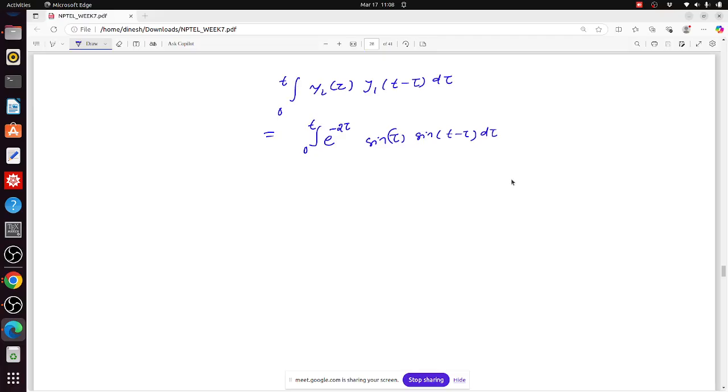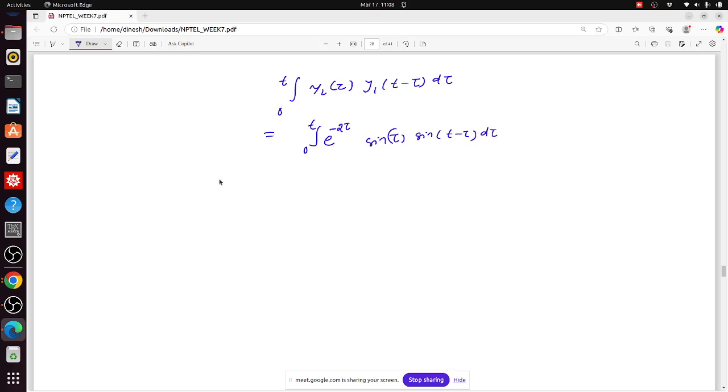If we do the integration by parts, I am stating the direct solution for it, so you can integrate by parts.